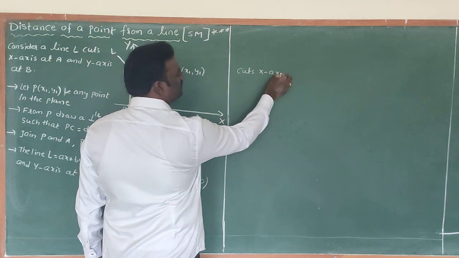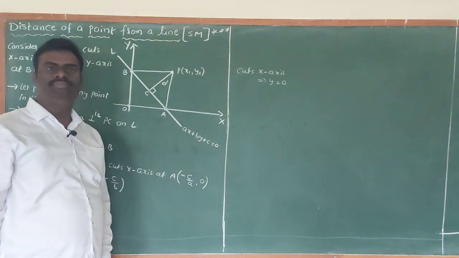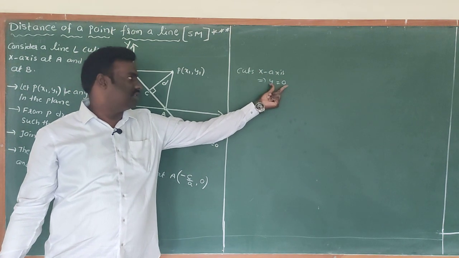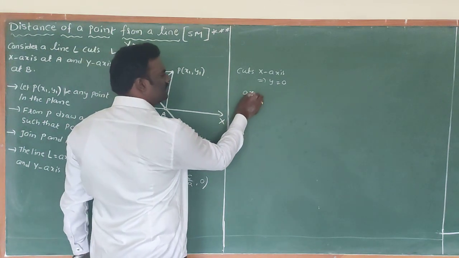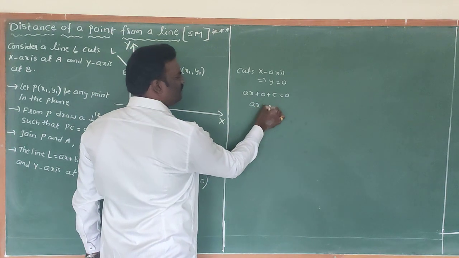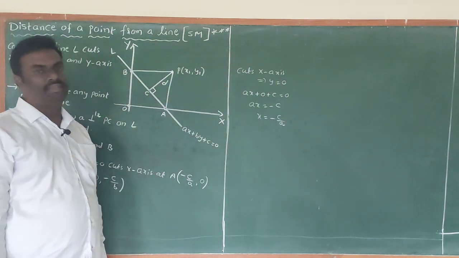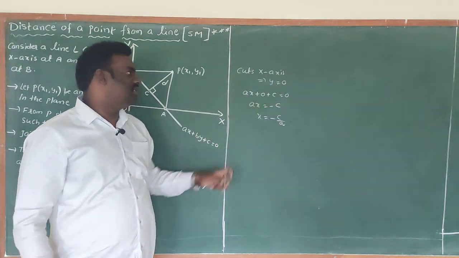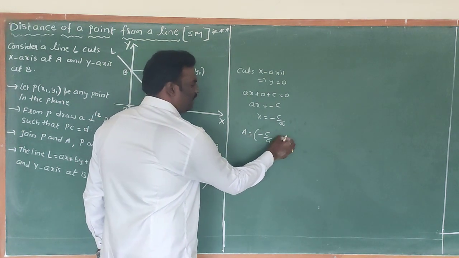If a line cuts x axis, on x axis y value is 0. Substitute this y value in this equation. Then Ax plus 0 plus C is equal to 0. Then Ax is equal to minus C, x is equal to minus C by A. Finally, x value is minus C by A, y value is 0, therefore the point is minus C by A comma 0.